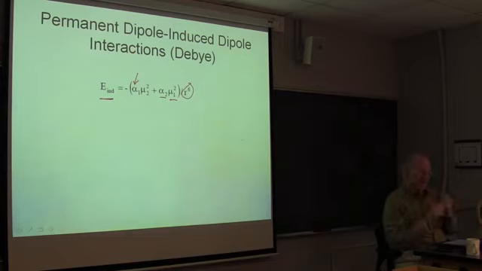And if we're talking about the net total interaction, we have to add up the dispersion interaction, the permanent dipole interaction, and the permanent dipole-induced dipole interaction to get the total energy of interaction of simple molecules. So there's 3 different components to what can hold these simple molecules together.